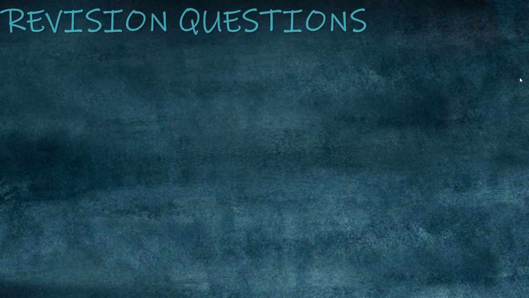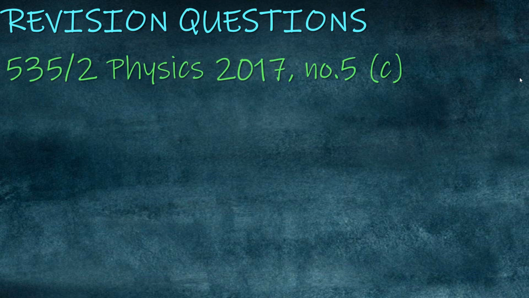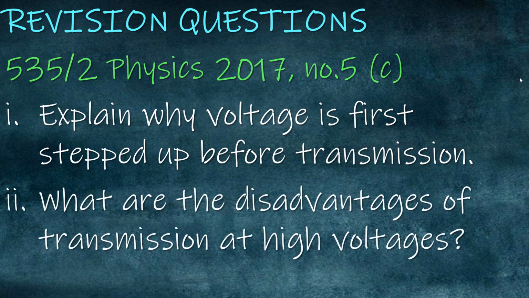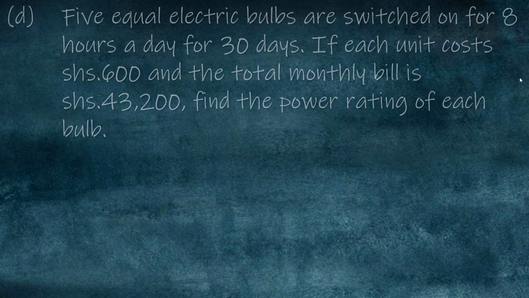Okay. Revision questions. These are just for you. In 2017, number 5, part C of paper 2, there's a question that said, explain why voltage is first stepped up before transmission. And Roman 2, what are the disadvantages of transmission at high voltages?